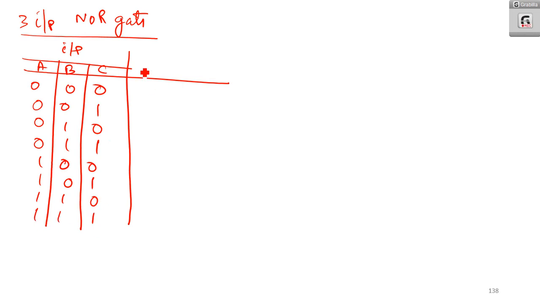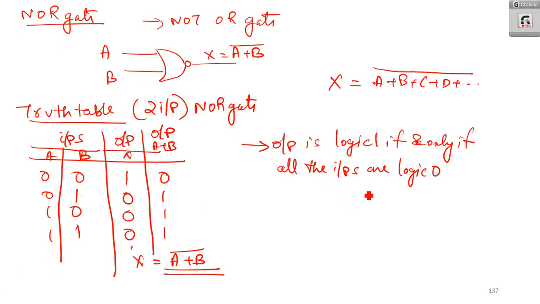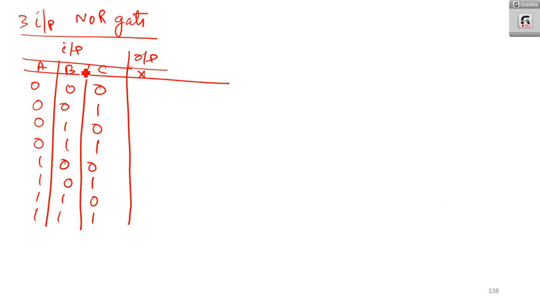So this output is X. So how do you draw the truth table? Output is logic 1 if and only if all the inputs are logic 0. So it means for this one it is only logic 1. For all others it is logic 0.